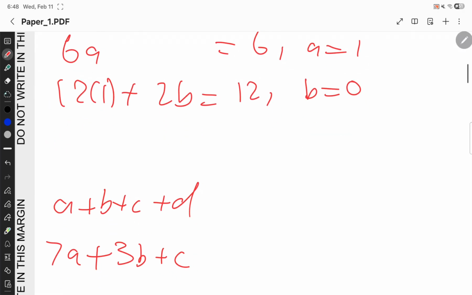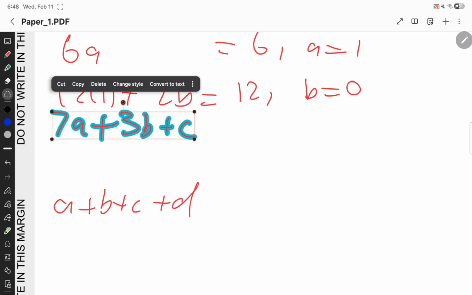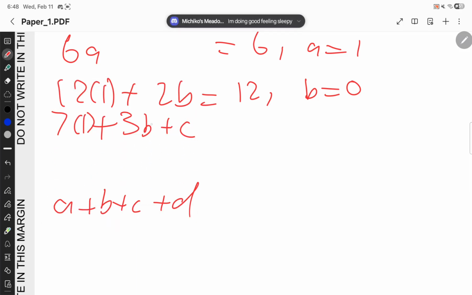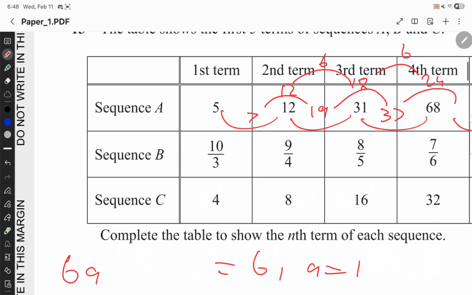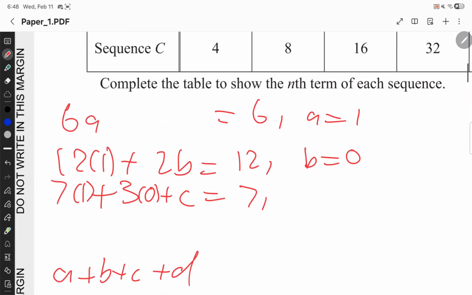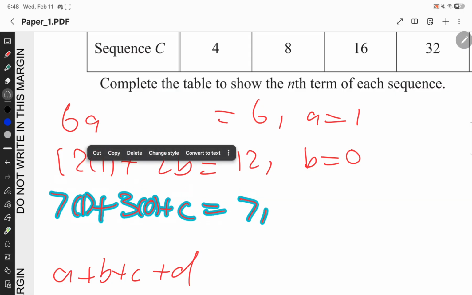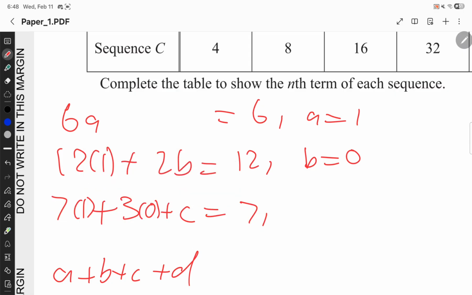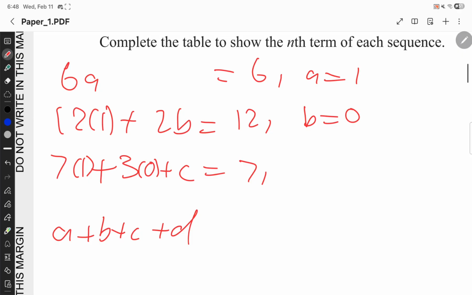Next, we use the first difference formula. We plug in values. This is the first difference, which was 7. Okay, let me make my working a bit cleaner. So 7a plus 3b plus c is equal to 7, so 7 plus 0 plus c equals 7, and 7 minus 7 is 0, so c is equal to 0 as well.